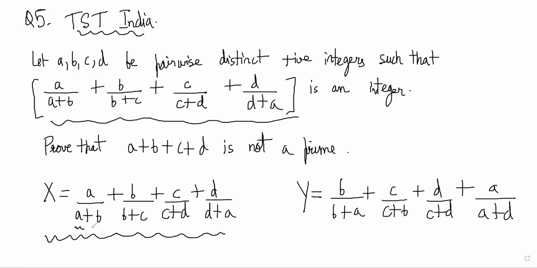Because here the denominator was A plus B and the numerator was A, so we could have taken B over A plus B, C over C plus B, taking the other part of the denominator.